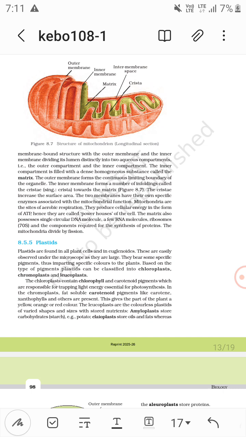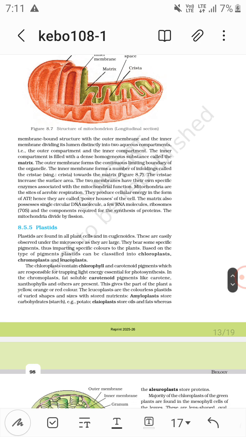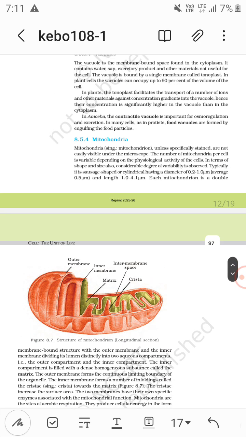The matrix of the mitochondria possesses a single circular DNA molecule, few RNA molecules, and 70S ribosomes, and the components required for the synthesis of proteins. Also, mitochondria are present more in dividing cells.